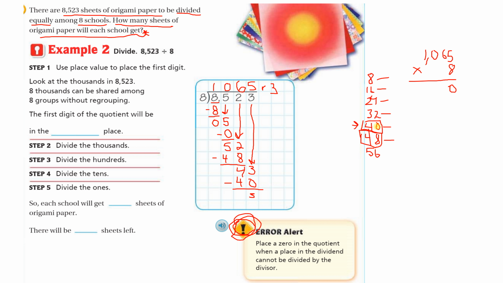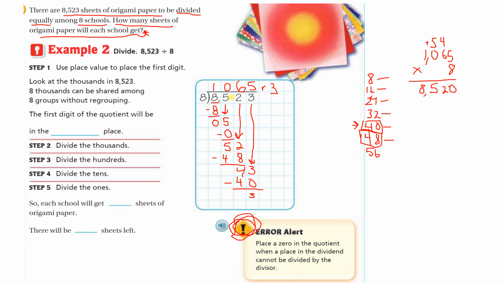I already did that here. Carrying my 4. 8 times 6 I already did is 48. Plus 4 is 52. 8 times 0 is 0. Plus the 5 is 5. 8 times 1 is 8.